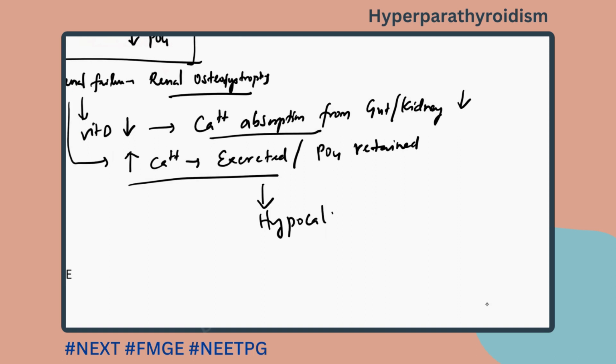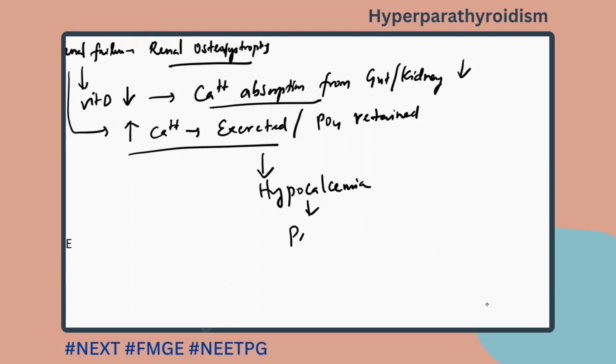Once hypocalcemia occurs, parathormone will start acting. The parathyroid will secrete parathormone. This type of parathormone secretion happening in renal failure is called secondary hyperparathyroidism.